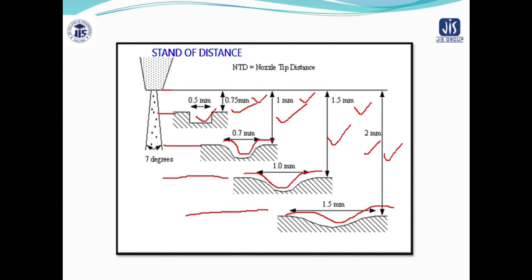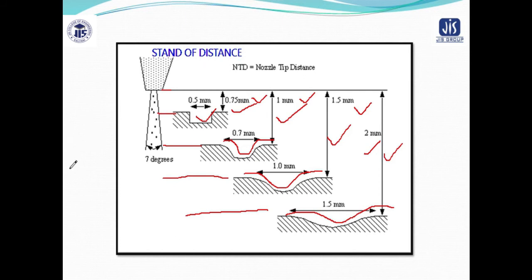However, light operations like cleaning, frosting, etc. are conducted with large standoff distance, and its value varies from 12.5 millimeter to 75 millimeter. So again I am telling, if you want a light operation like cleaning or frosting, then you need to maintain a standoff distance between 12.5 and 75 millimeter.